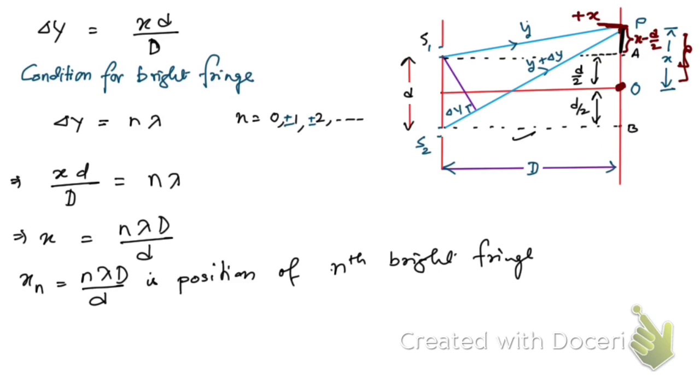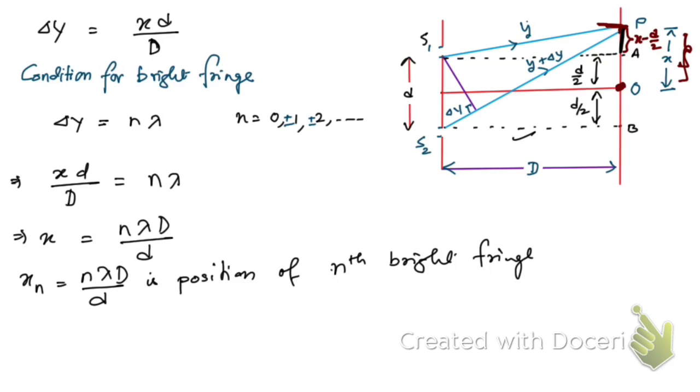So hope you have understood this. That's why we can write here the value of n is equal to either 0, plus 1 or minus 1, plus 2 or minus 2. So this is the position of the nth bright fringe.